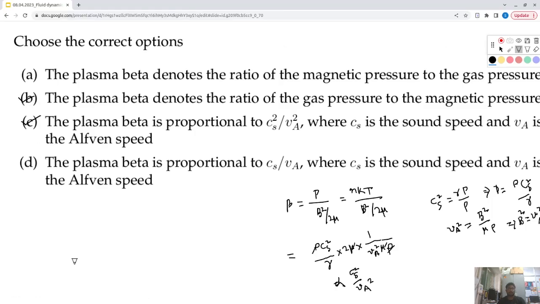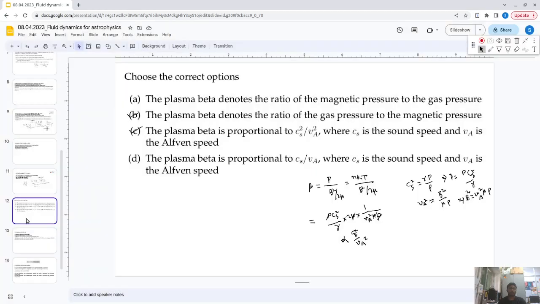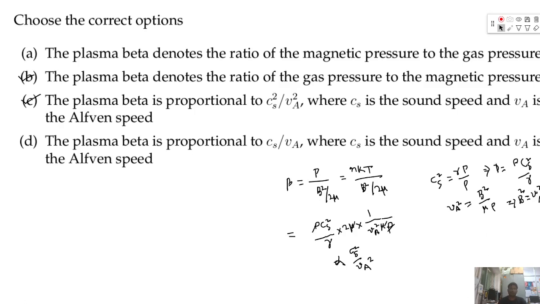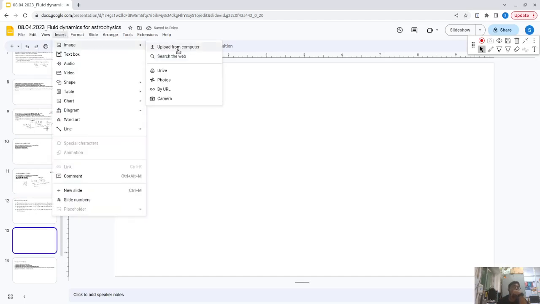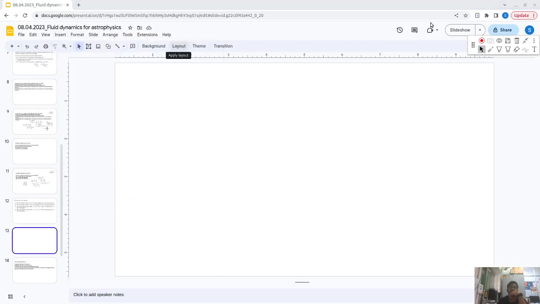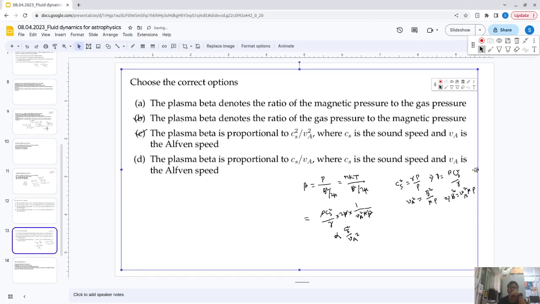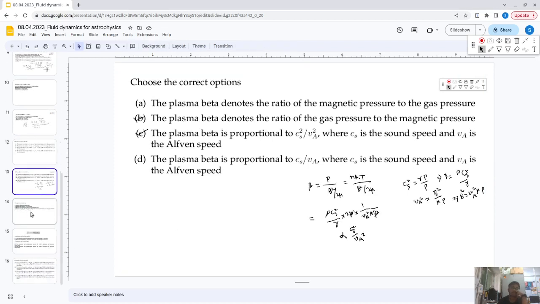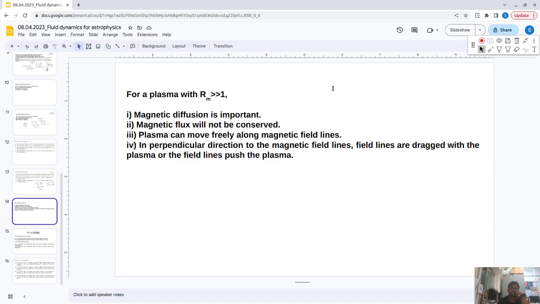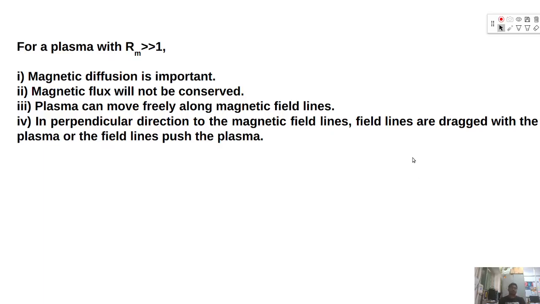Now the next question is about this one. For a plasma with Rm greater than 1, what is Rm?